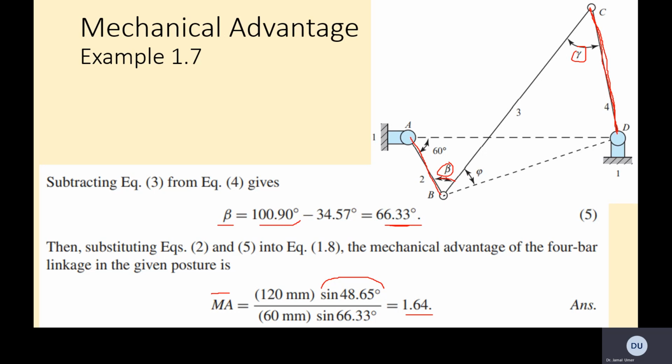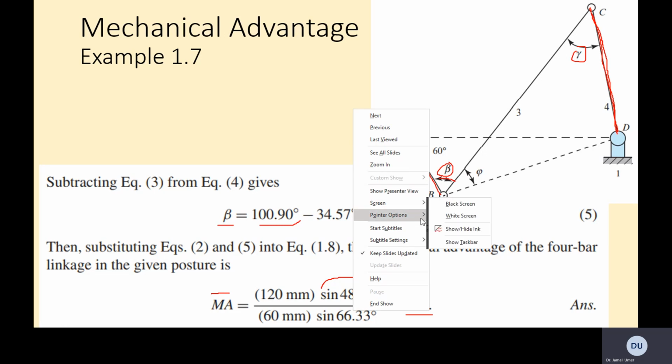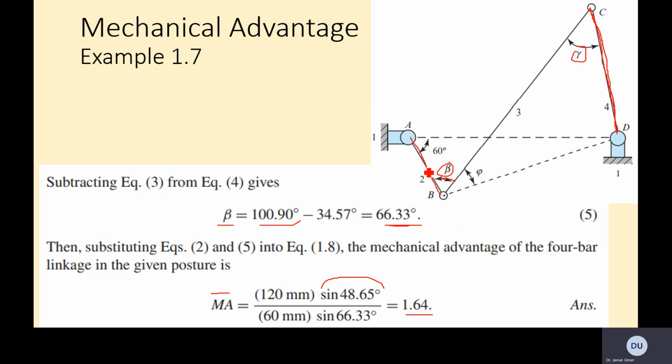Normally in mechanical components, a mechanical advantage of greater than 1 is the requirement. So you can have higher and higher values of mechanical advantage, but any useful machine will produce a mechanical advantage such as 1.64. Once again, when it's moving, of course all angles keep changing.